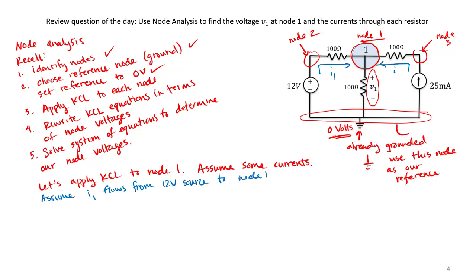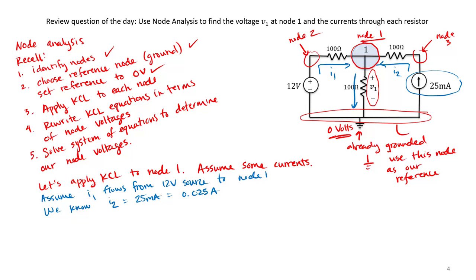What about this current, I2? Do we know what I2 is? Notice current, we don't even need to assume. We know I2 must be 25 milliamps, or 0.025 amperes, right? So that I2 is given to us.